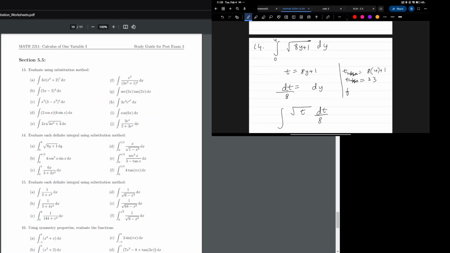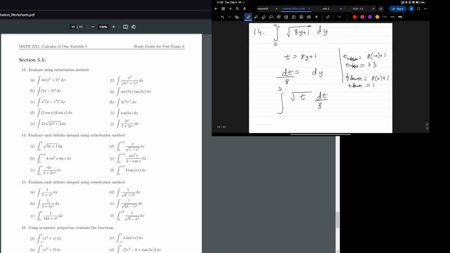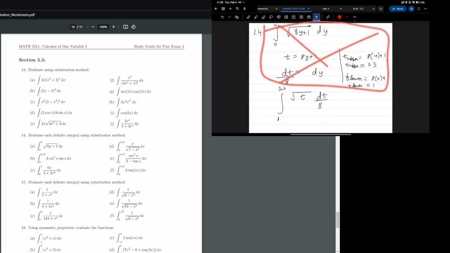And t lower equals, now this was 0, so I just need to plug in 0 over there. So it becomes 8 times 0 plus 1, which is just 1. T lower is 1. So the upper is 33 and the lower is 1. Now the next step would be to forget all of this ever existed.